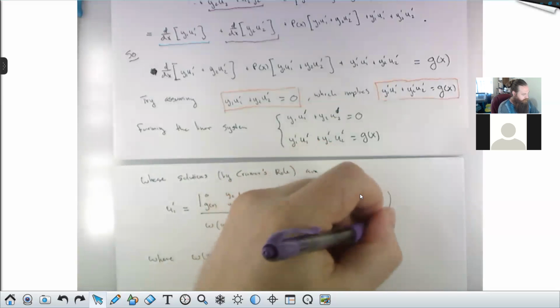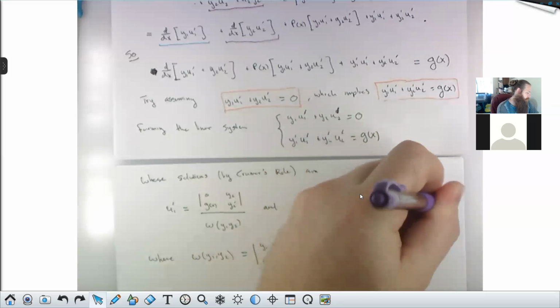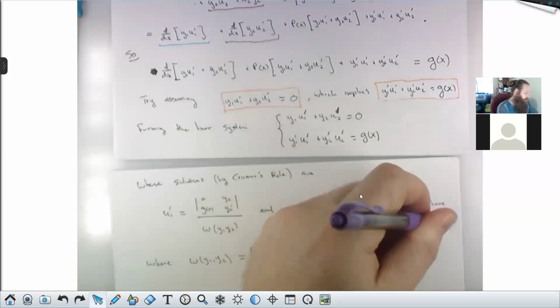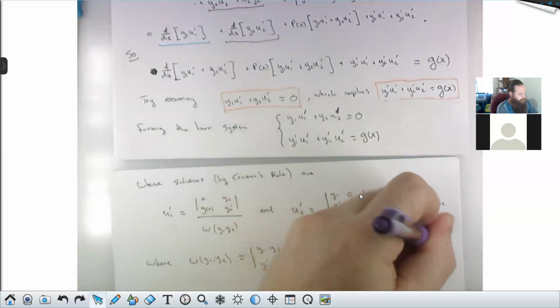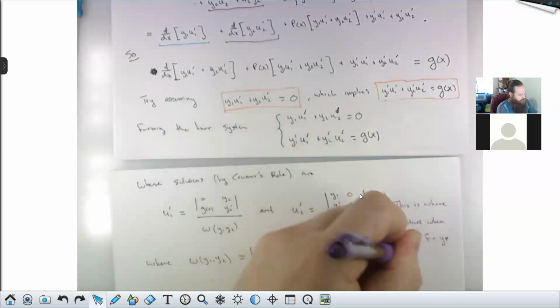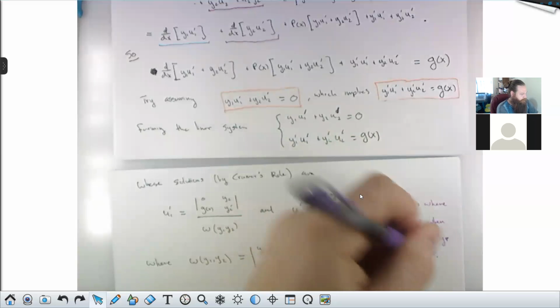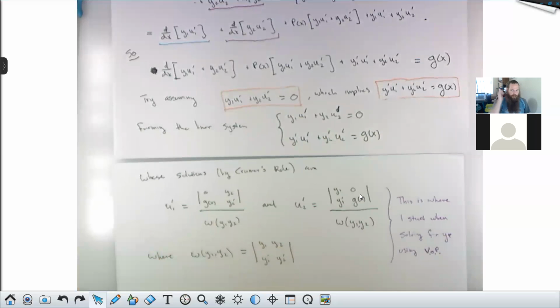This is where I actually start when solving for yp using the variation of parameters. It's sort of the nicest way I can think of to write the formula.